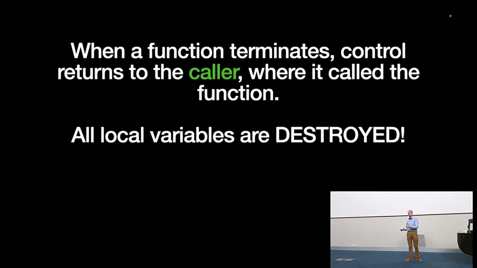So the program has jumped from line 5 temporarily to line 15, and then when that function returns, we go back up, finish off line 5, and then continue processing where we left off.